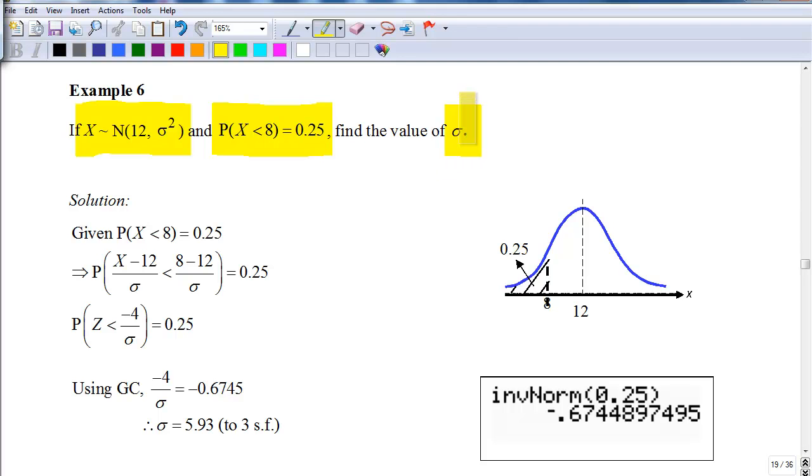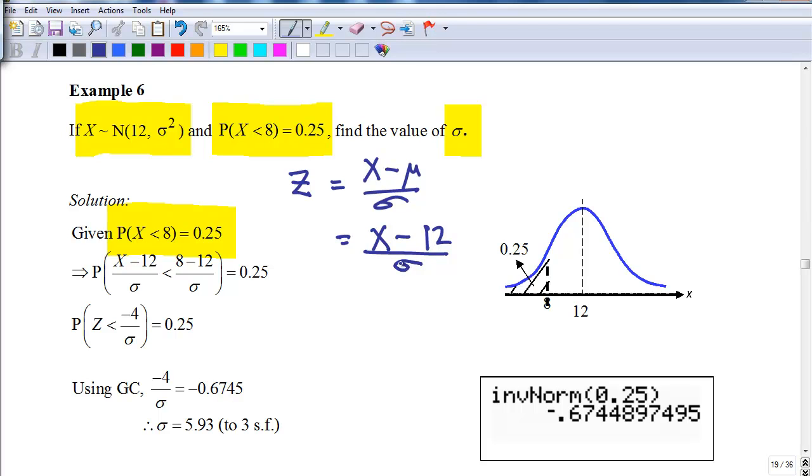You start with something that you know, which is the probability x less than 8 is 0.25. Then I will transform my x into z. How do I do that? Your z is the same as x minus mu over sigma, so in our question, it becomes x minus 12 over sigma.